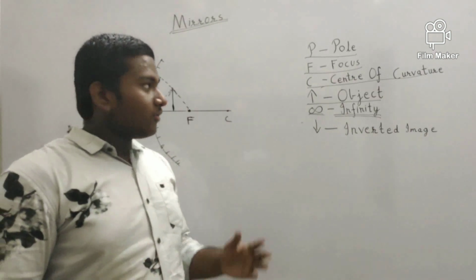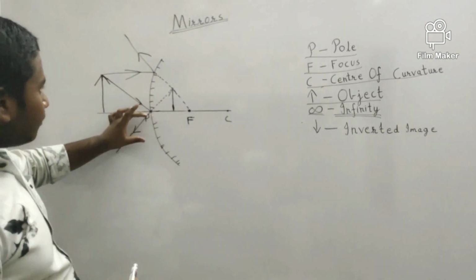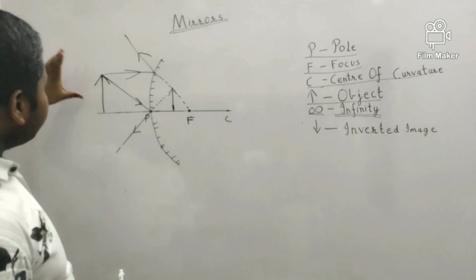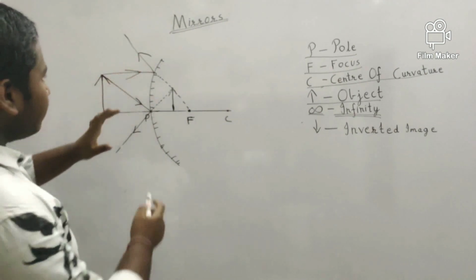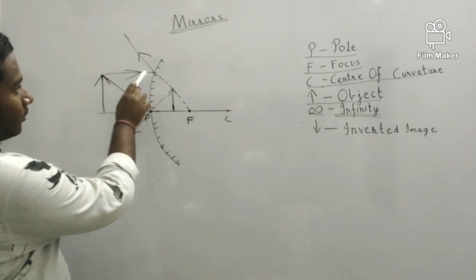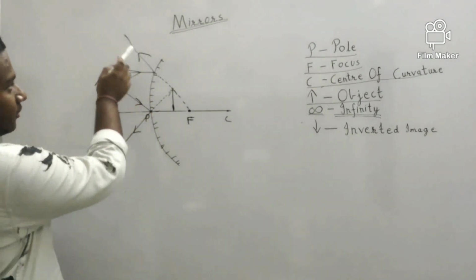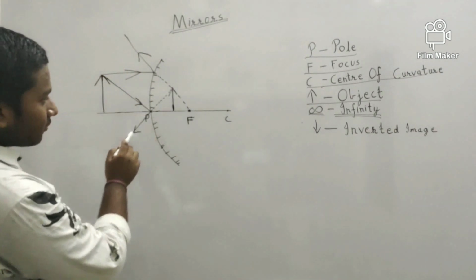The last condition of the convex mirror is when the object is placed between infinity and pole. When the object is placed between infinity and pole, the object is large in size. First we will take one ray going parallel to the principal axis, which diverges, and another ray which comes from the pole.